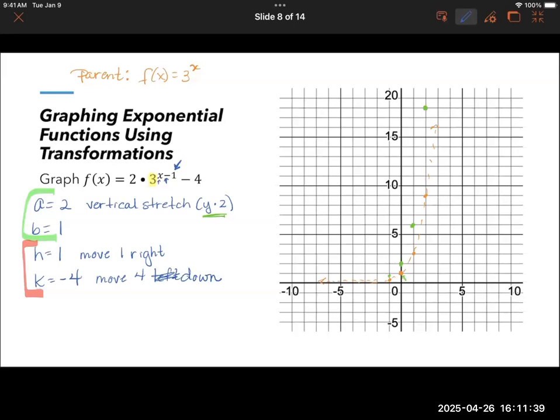Okay, so if I start here, 1 to the right and 4 down is going to put me right there. Then I'll go to my next point here, 1 to the right, 4 down, puts me right there. Then I'm going to go to this next point, our y-intercept, 1 to the right, 4 down.